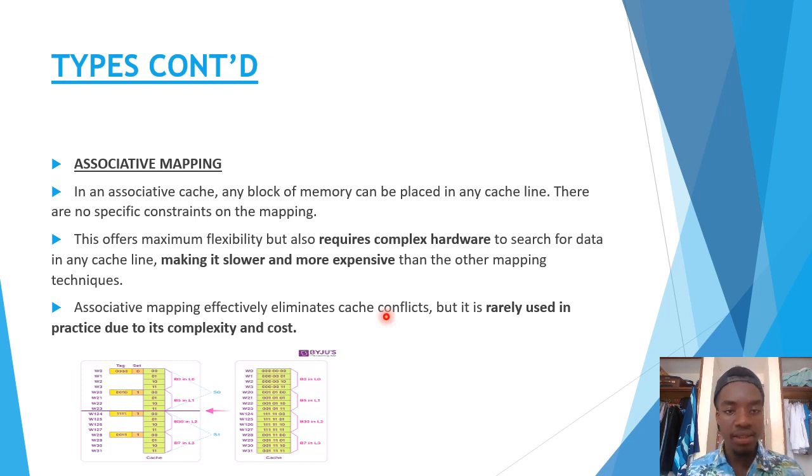Compared to a small room, where you can easily know it's here or there. That's why it requires complex hardware to search for data in any cache line, because it's something very huge.